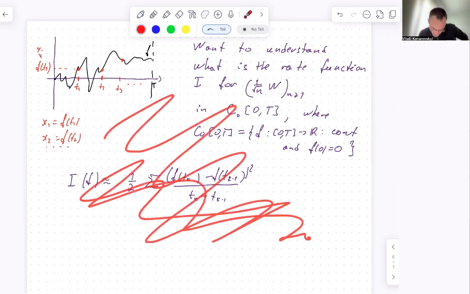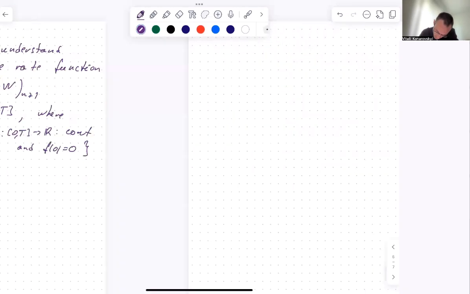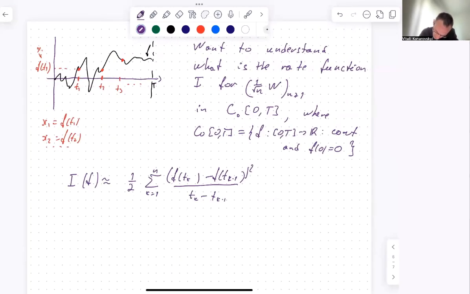Okay, so let's continue. Now we want to understand what happens with the function on the right hand side when we take more and more times, when we send n to infinity, or make a finer and finer partition. At the moment you cannot see what the limit is, but I want to do a small modification. I put a square here and then multiply and divide by t_k minus t_{k-1}.